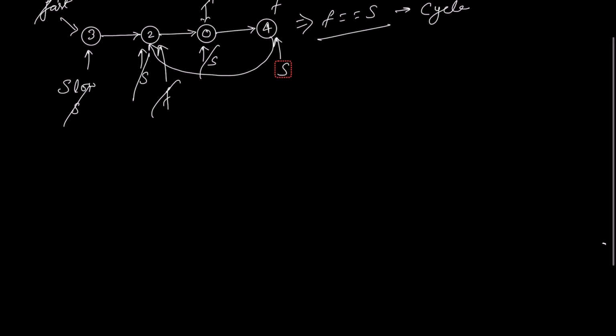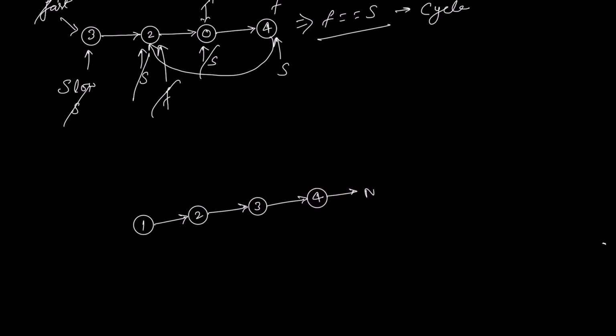Let's see another example without a cycle. Null. So this will point with slow and fast both pointers.